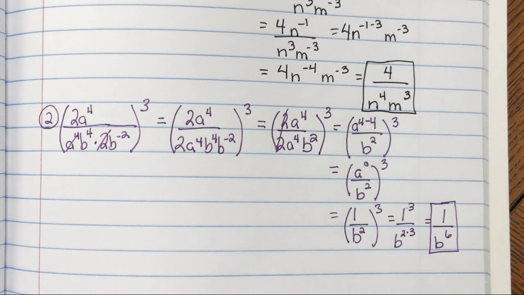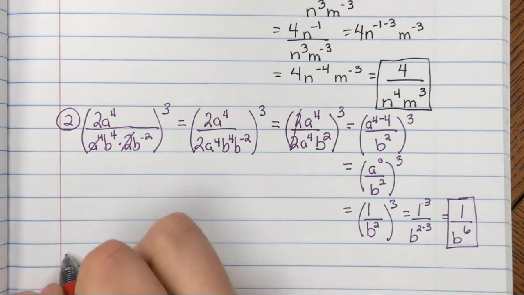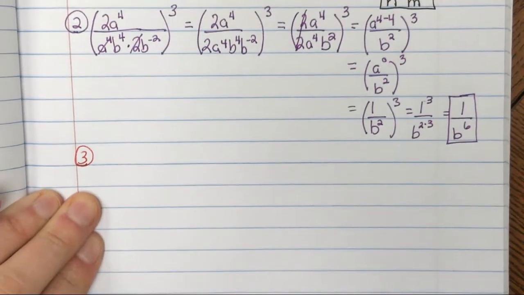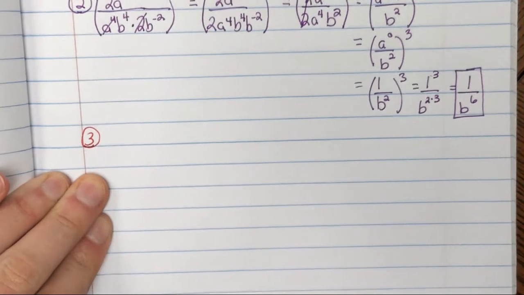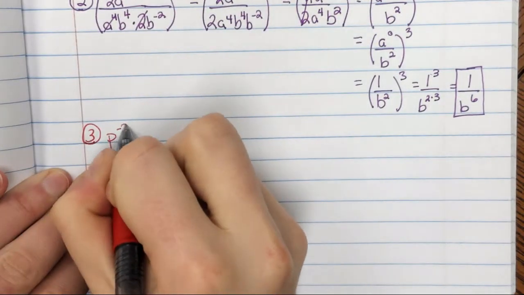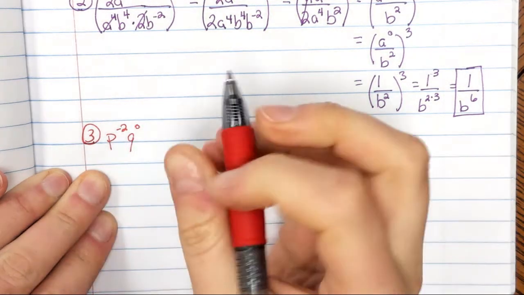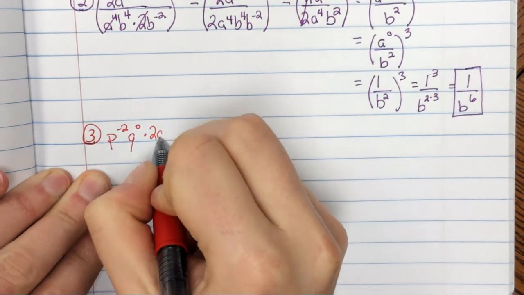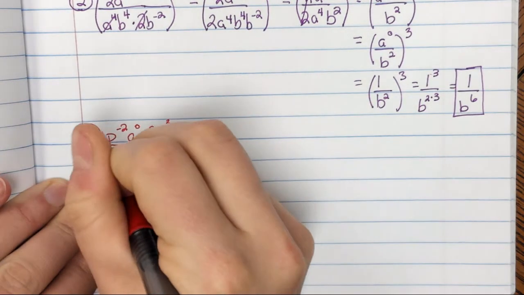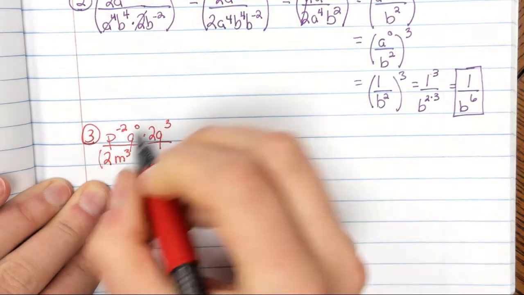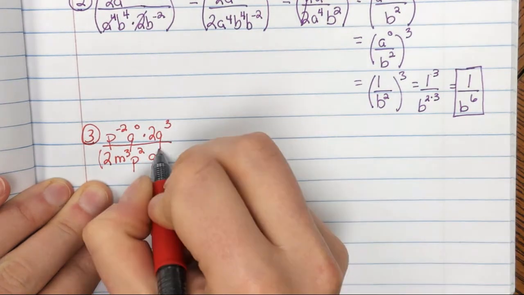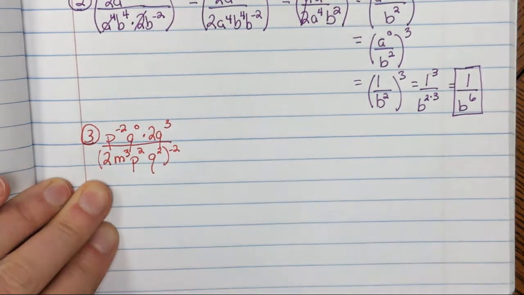Okay. Example number 3. Put this up a little bit. I have p to the negative 2, q to the 0, times 2q to the 3rd, all over 2m to the 3rd, p to the 2nd, q to the 2nd, all to the negative 2.